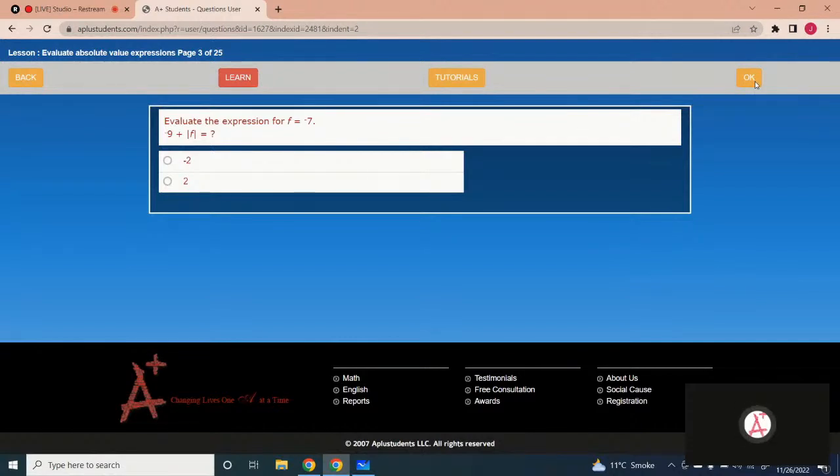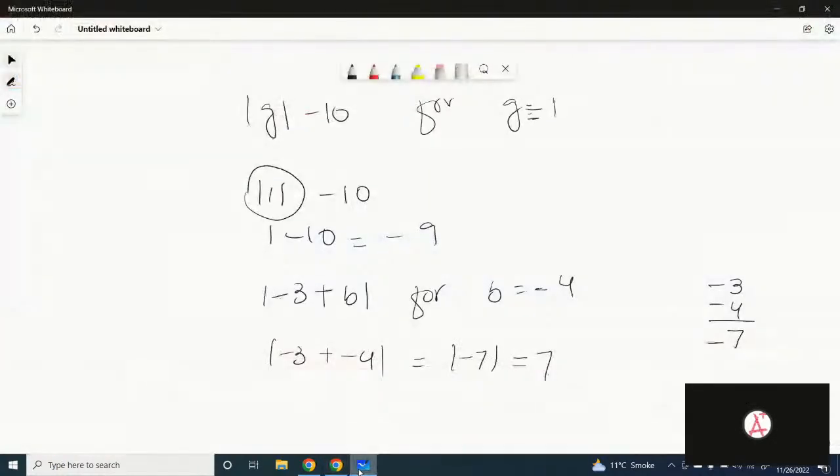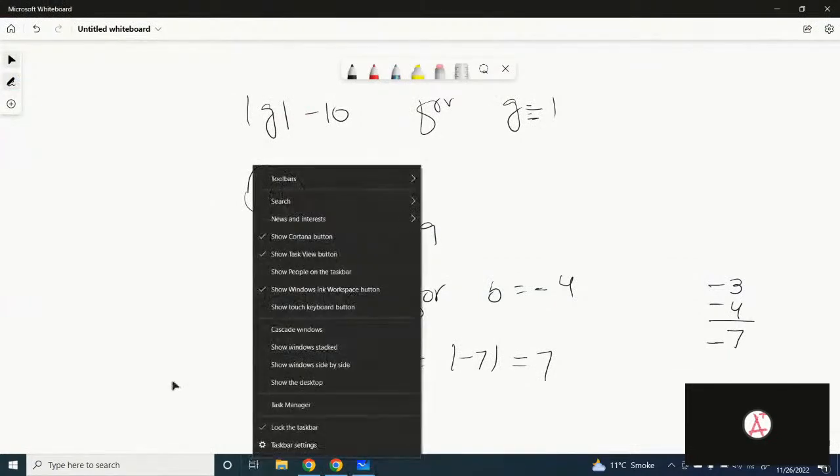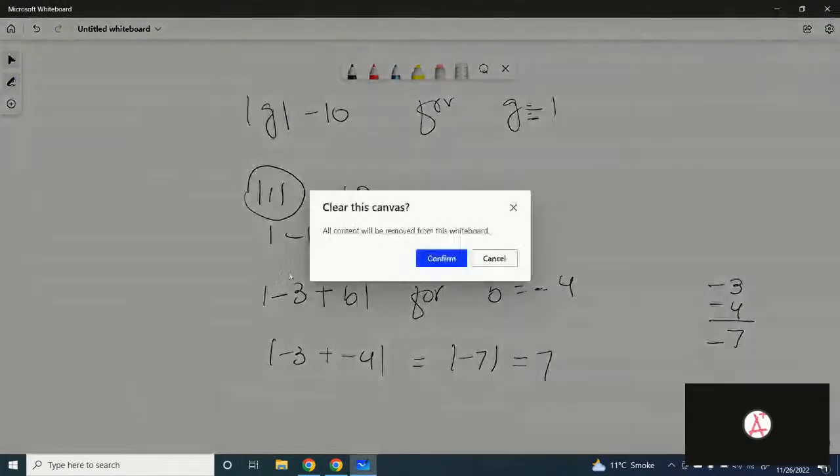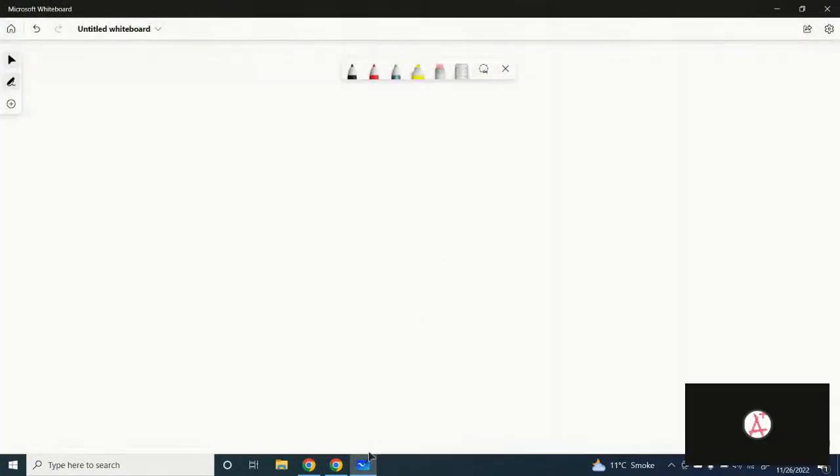Okay, evaluate the expression for f equals negative 7. You have to calculate negative 9 plus the absolute value of f, where f equals negative 7. Got it?